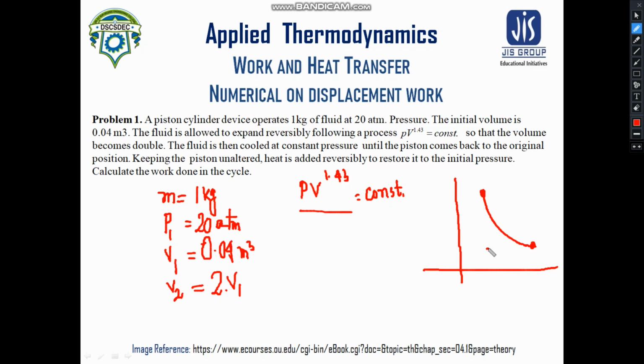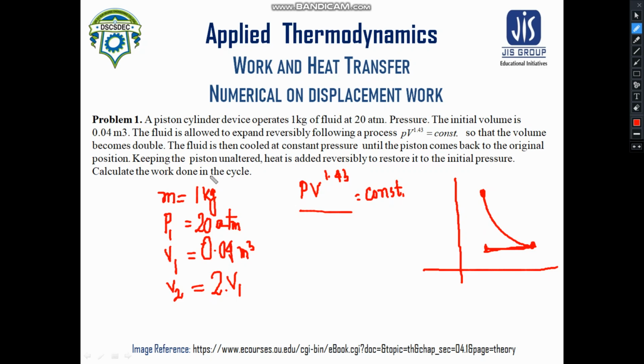So that means a constant pressure process is happening here until the piston comes back to the original position. The original position means it has to be linear with this point, so this point and this point must lie on the same line.